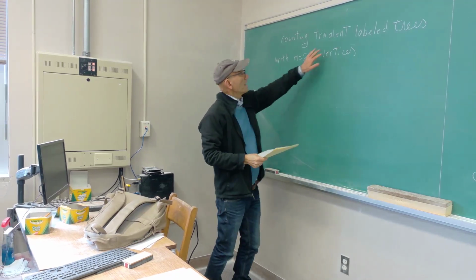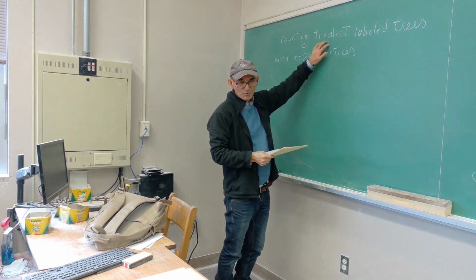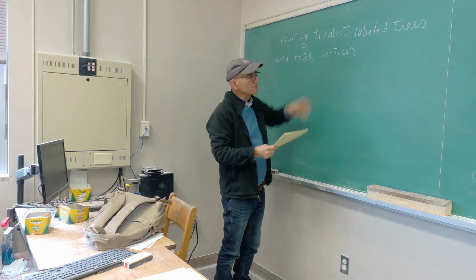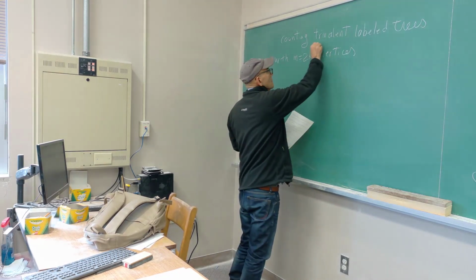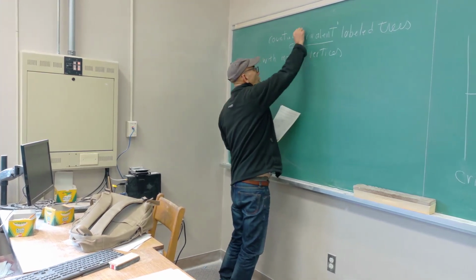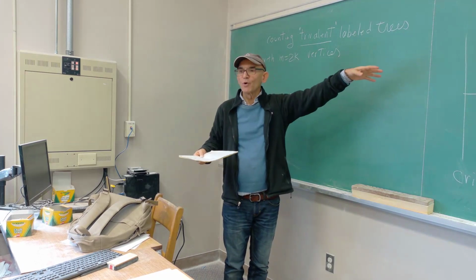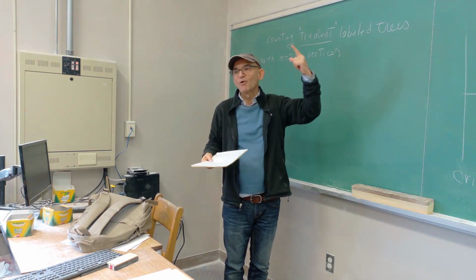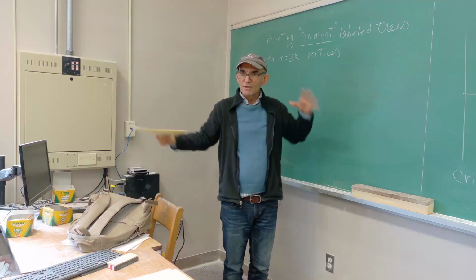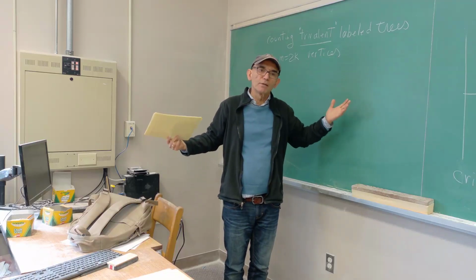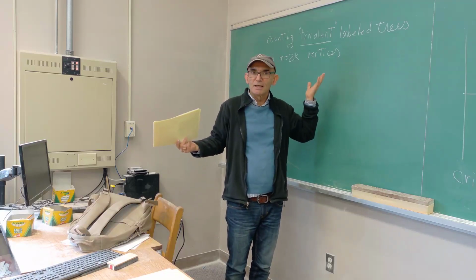First of all, I have to say what I mean by trivalent, because not all vertices can be trivalent: the tree has to end at some point, and then that vertex is going to be one-valent. So the external vertices are allowed to be one-valent, because otherwise we wouldn't have any trees like that, right?